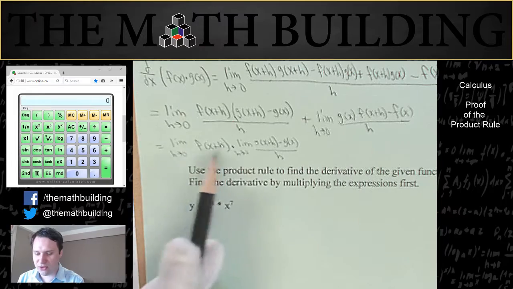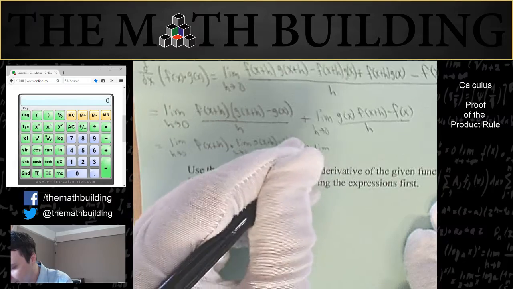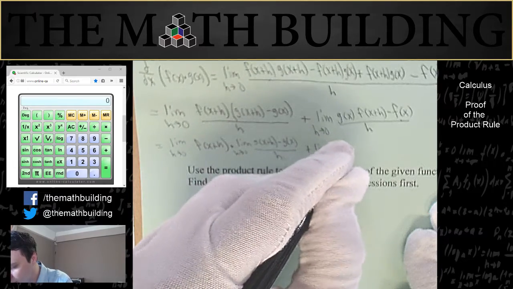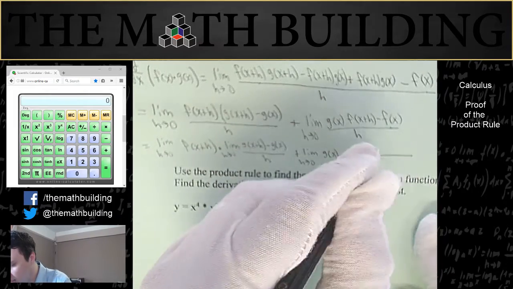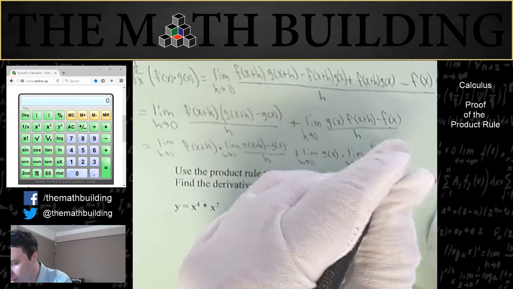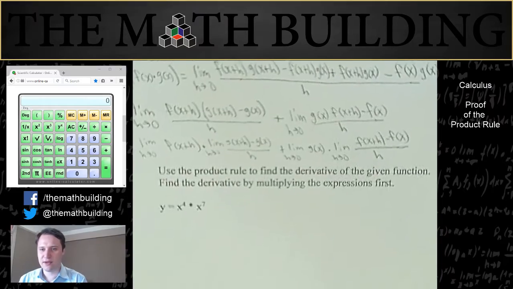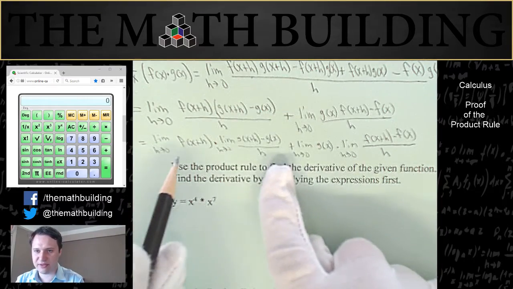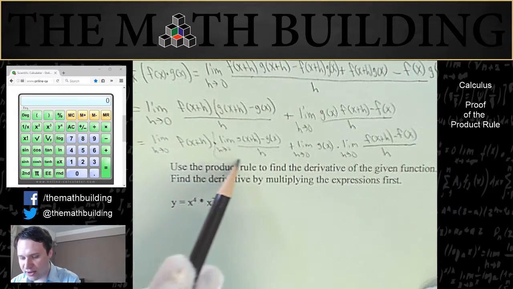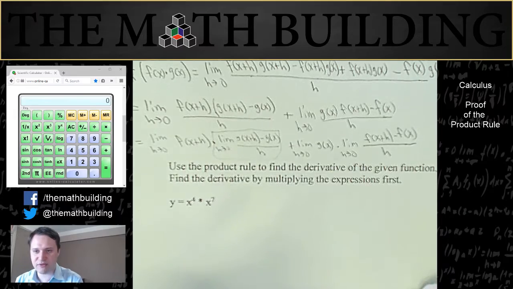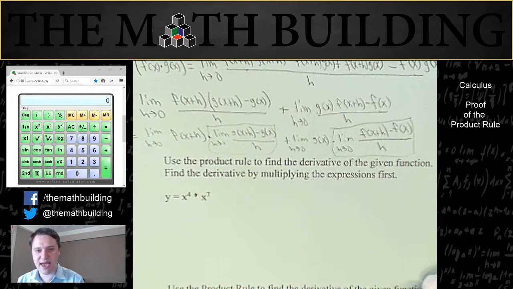Again, you can break that up into those two limits, plus the limit as h goes to 0 of g of x times the limit as h goes to 0 of f of x plus h minus f of x all over h. Okay, so you can see what I did there. I broke this up into these two limits, and I broke this up into these two limits. And you might notice that right here, I have the definition of the derivative of g, and right here, I have the definition of the derivative of f.